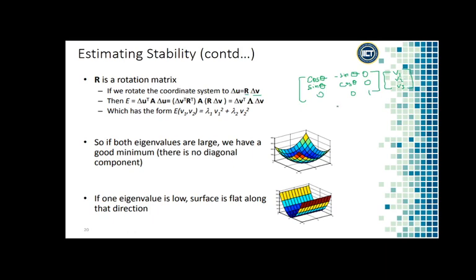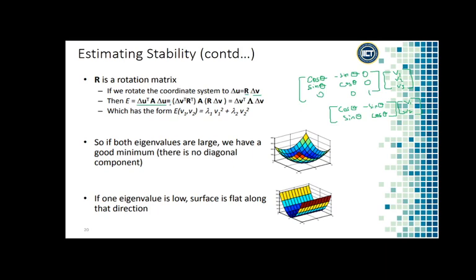If you are considering the two-dimensional case, this would be cos theta, minus sin theta, and sin theta, cos theta, applied to V1 and V2. So this is 2D, this is 3D. If we consider R as a rotation matrix and apply it on the displacement values V1 and V2, then E equals this, which we have already derived.